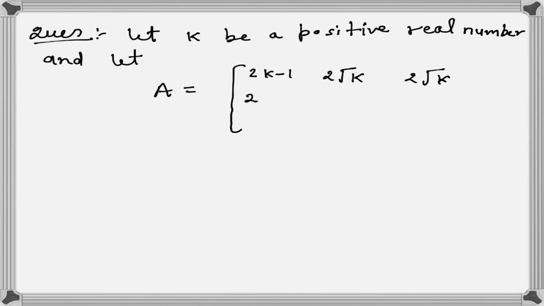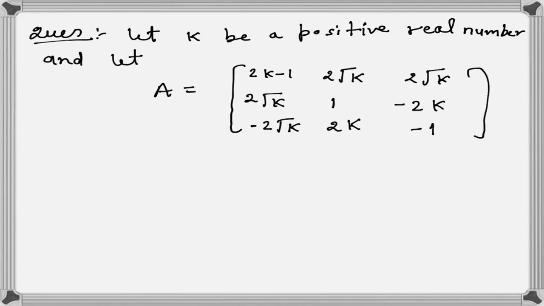Second row is 2 root k, 1 minus 2k, minus 2 root k. Third row, 2 root k, 2 root k, 2k minus 1.